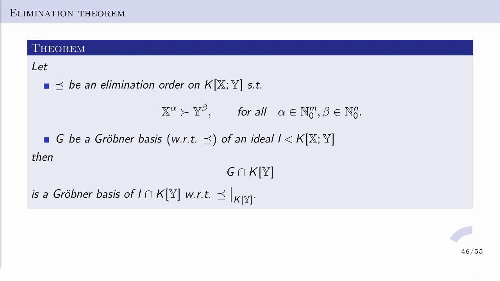So there will be polynomials depending on the fewest number of variables, then there will be polynomials depending on more variables, and so on and so on. As I said, it's best observed on a specific example.